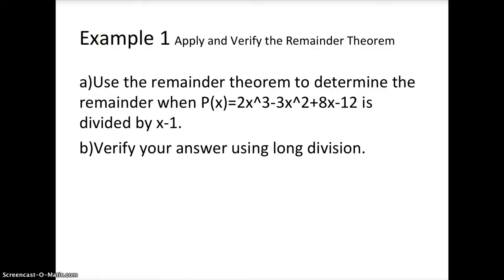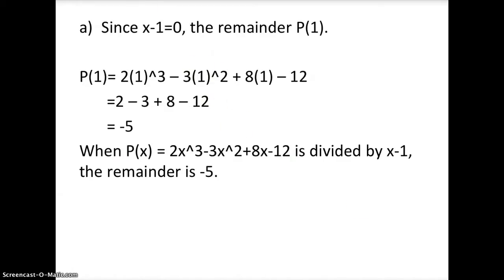Example 1. Apply and verify the remainder theorem. A. Use the remainder theorem to determine the remainder when P(x) equals 2x cubed minus 3x squared plus 8x minus 12 is divided by x minus 1. B. Verify your answer using long division. So, since x minus 1 equals 0, the remainder is P(1).